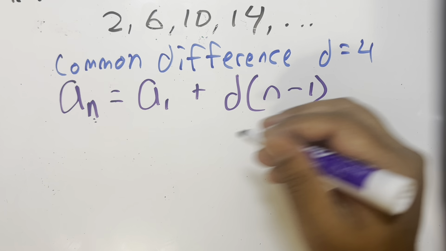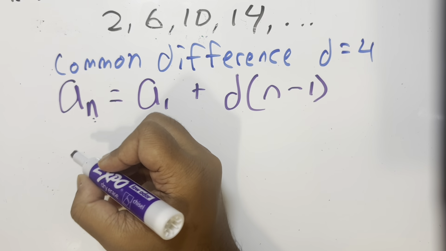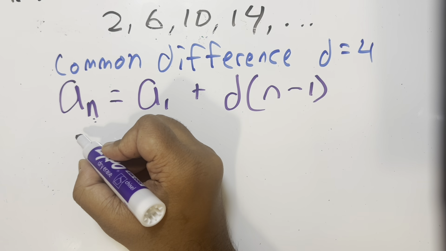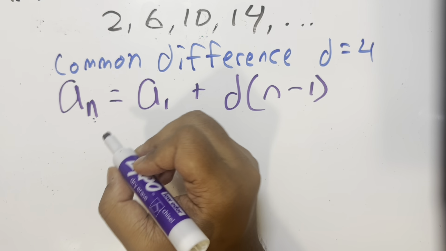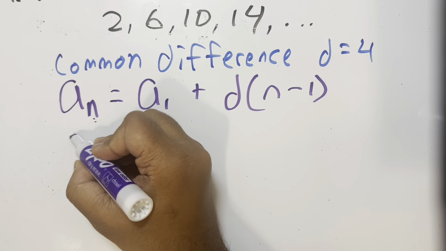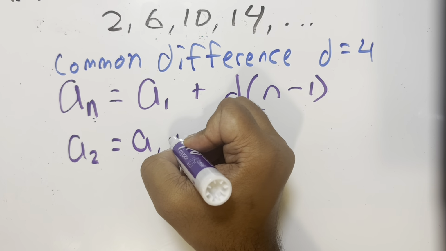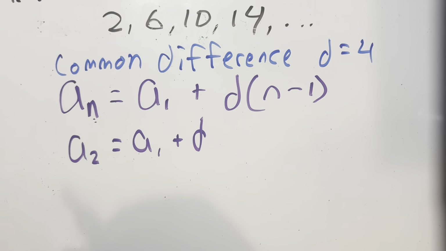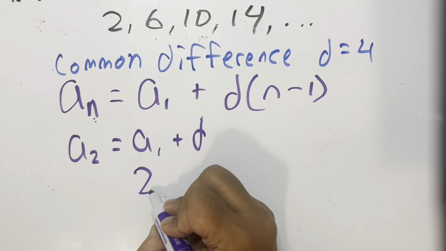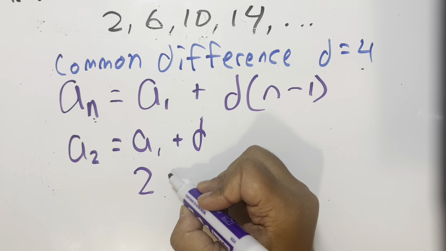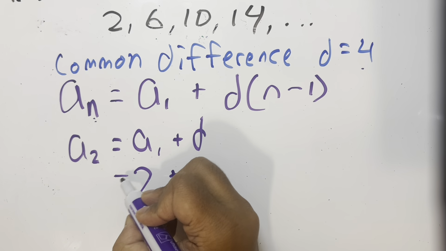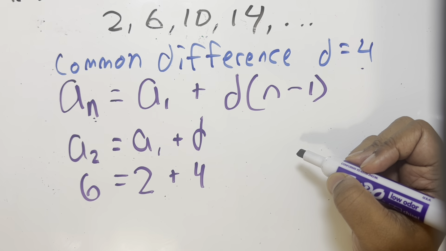Let's think about it like this, right? Just numerically, how do we go from 2 to 6? So a of 2 will be a of 1 plus our difference. Let's take a look at our example here. We know 2, and our common difference is 4, plus 4 will give us 6, right?